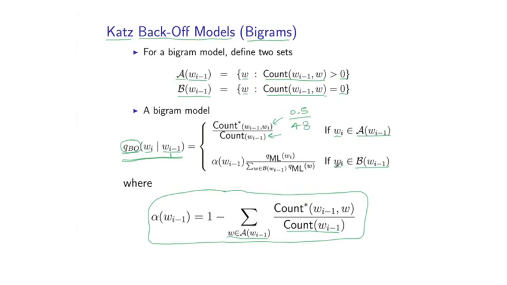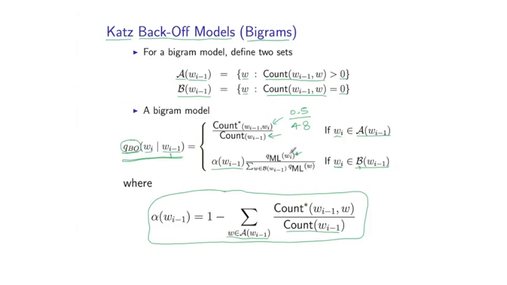Conversely, if the word is in the second set B, that means this count is equal to 0, we do the following. So remember that alpha of w_{i-1} is this missing probability mass. I said before we were somehow going to divide this between the different words in this set B. And we divide this in proportion to the maximum likelihood estimate at the unigram level.